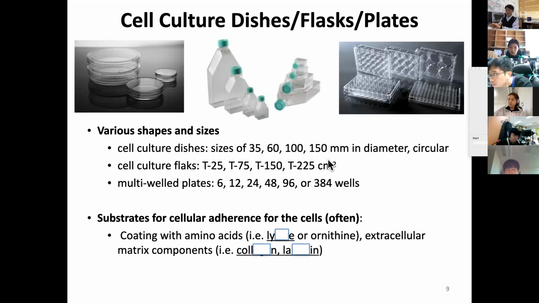Now I want to show you cell culture dishes, flasks, and plates. When you start, you are supposed to use the cheapest and simplest one, such as this circular plate. This has a 60 millimeter diameter, and this one is 100 millimeter, and there are even bigger ones.